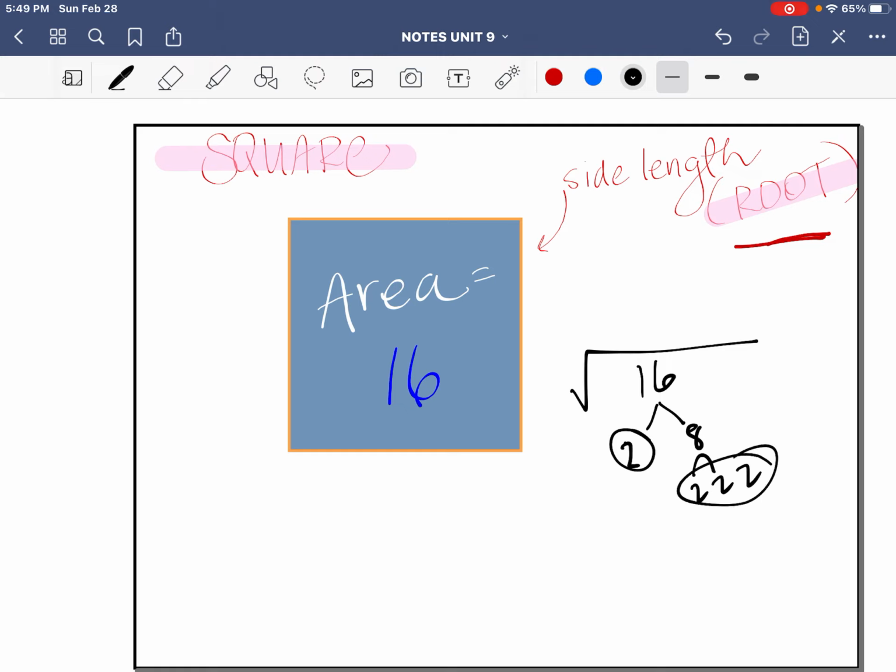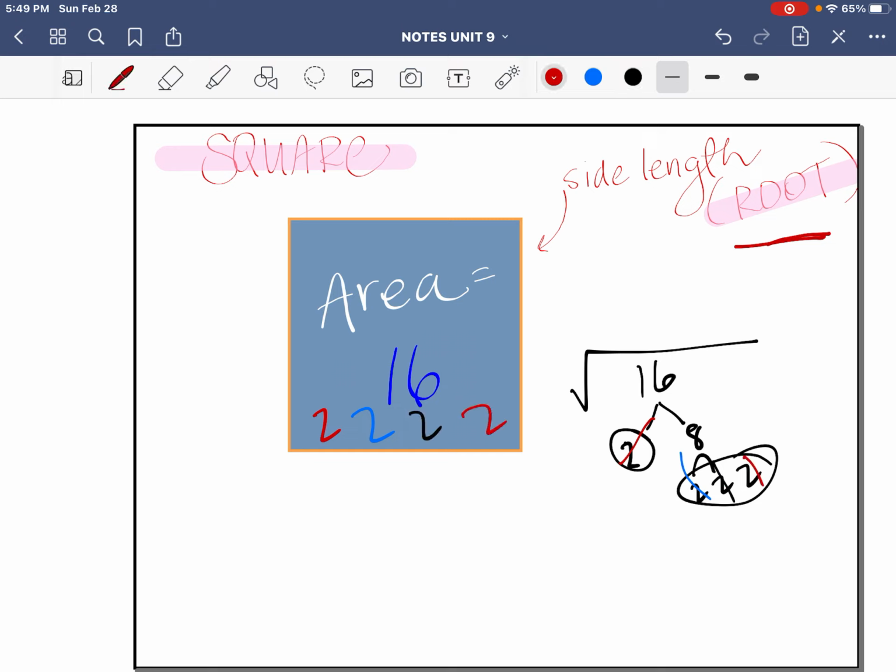using a factor tree. So all of the things that I have that need to be distributed evenly to the sides: I have a 2, and another 2, and another 2, and another 2.